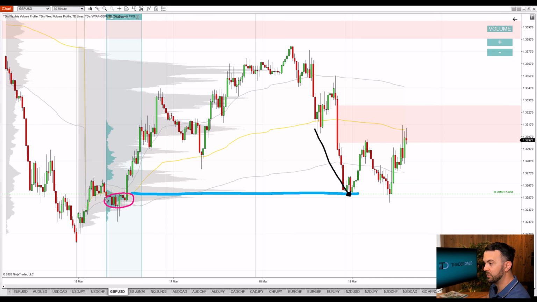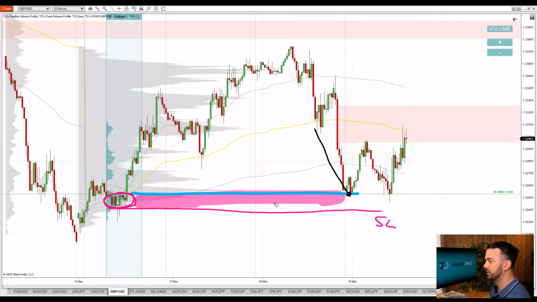So this is the heavy volume zone that the level was based on, and the stop was below it. So in here, this was the stop. It needs to go behind the heavy volume zone because the heavy volume zone is a barrier. This whole zone is that barrier. So that's why the stop is behind the barrier, because the barrier should protect that trade.